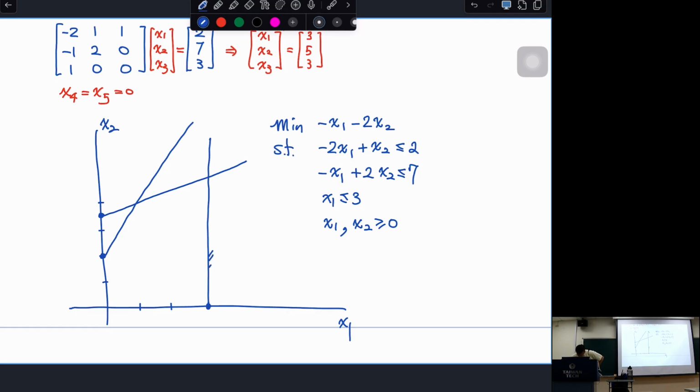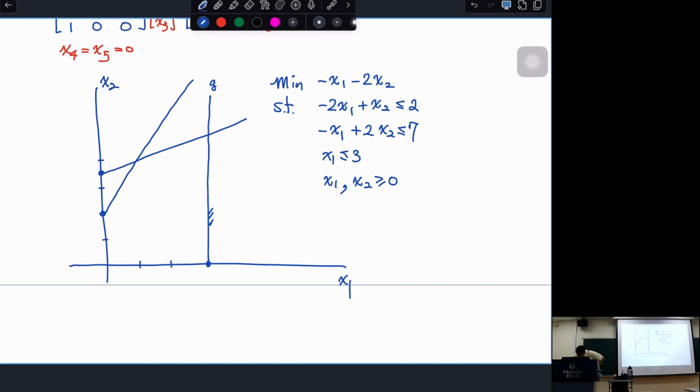So this is a G1, G2, G3. Okay? So when I draw this hash, that means on the right is infeasible, on the left is okay. And the other one, if I plug in 0, so this will be G2. This should be G1. Okay, and it's like this. So in fact, the feasible space is here.